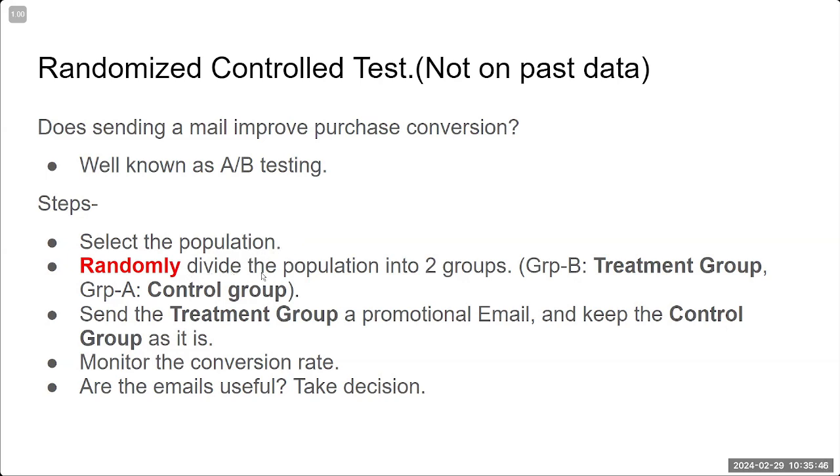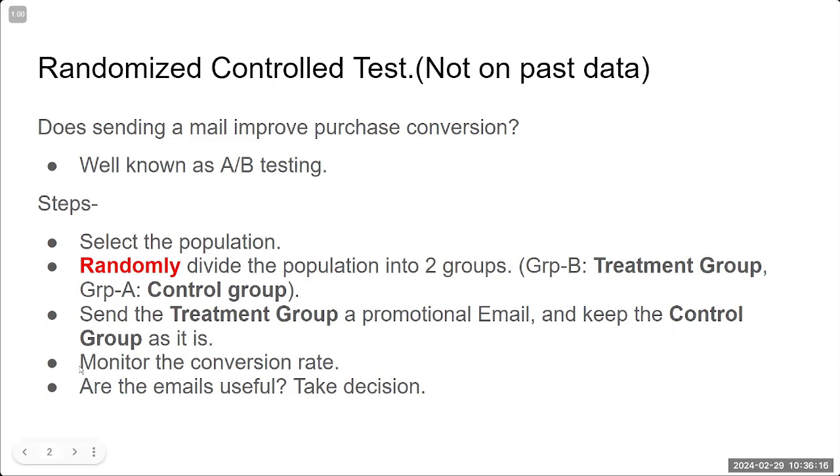Then we divide the population into two groups, named group B and group A. Group B is called the treatment group and group A is the control group. The third step is we send an email to the treatment group. The email contains promotional coupons and information about your product, and we keep the control group as it is. We do not send any email to them.